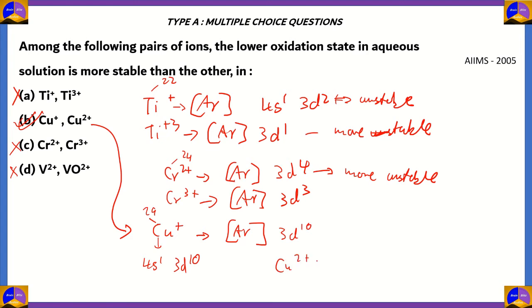And for Cu2+, it will be argon and 3d9. So therefore option B will be the correct option, because over here Cu+ is more stable than Cu2+ when it comes to oxidation state. So option B is the correct option.